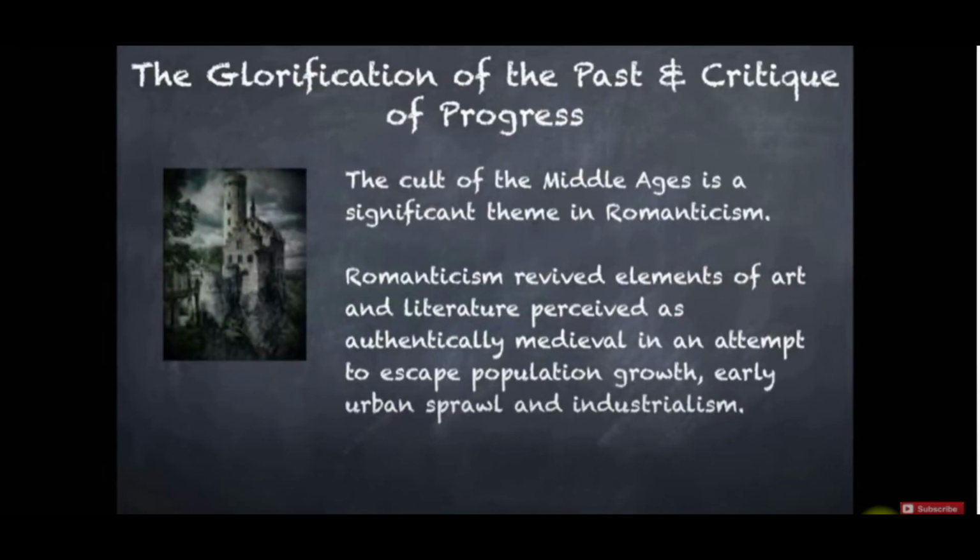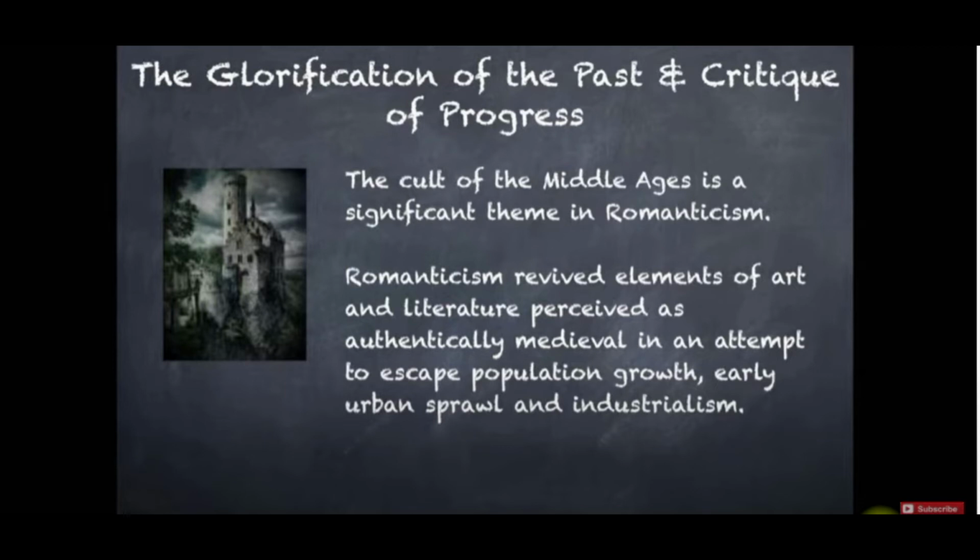Glorification of the past and critique of progress, the cult of the Middle Ages, is a significant theme in Romanticism, which revived elements of art and literature perceived as authentically medieval in an attempt to escape population growth, early urban sprawl, and industrialism.